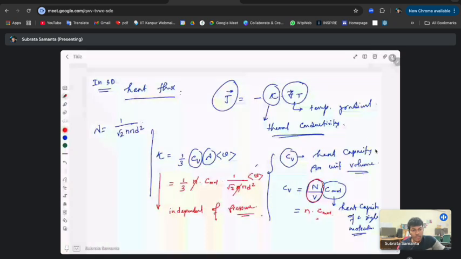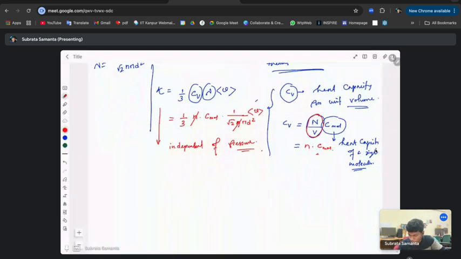Kappa is independent of pressure, and its proportionality is important. Kappa is proportional to V average, which is proportional to the square root of temperature.